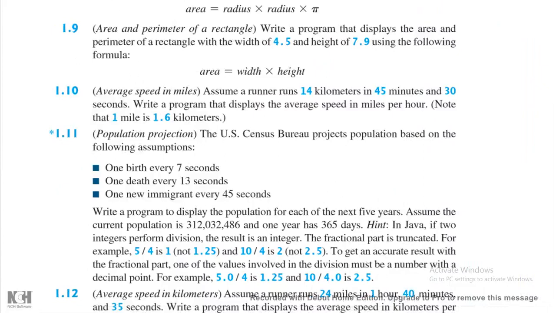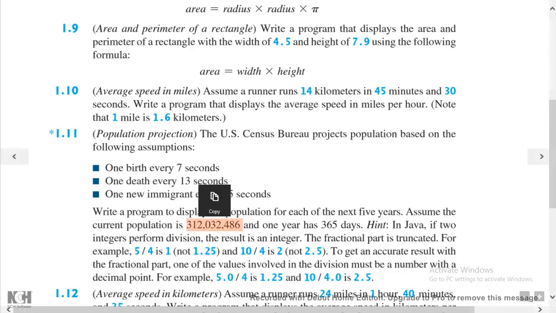The US Census Bureau projects population based on the following assumption: 1 birth every 7 seconds, 1 death every 13 seconds, 1 new immigrant every 45 seconds. We were asked to write a program to display the population for each of the next 5 years. Assume the current population is this number here, and 1 year has 365 days.